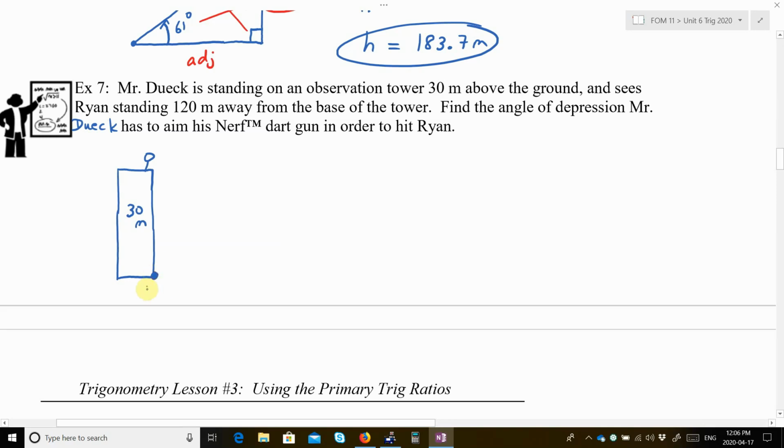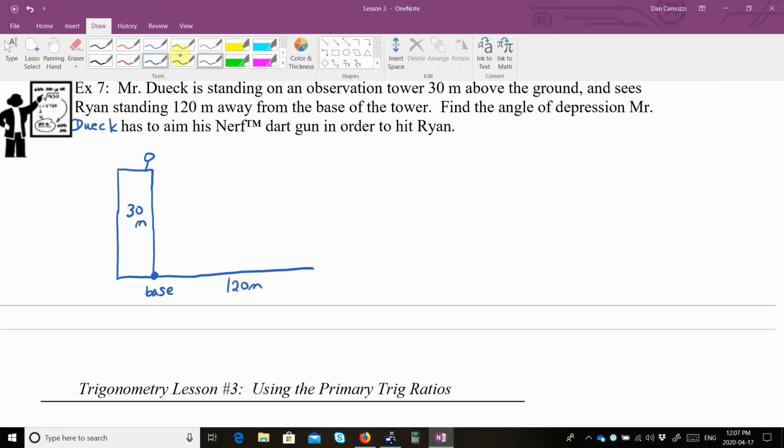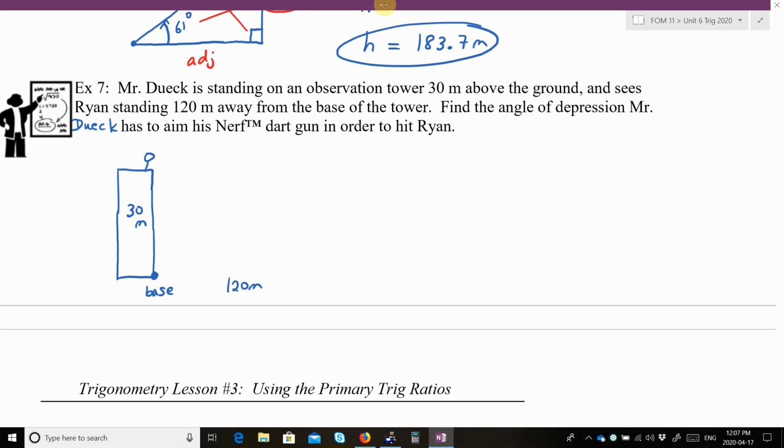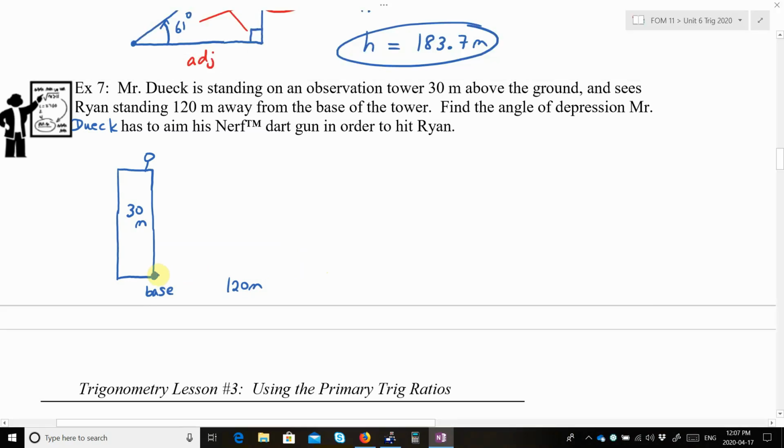So the base of the tower, of course, is like the bottom right here, and Ryan is 120 meters away. And I'm just going to fix this line. Okay, so Ryan is here. Find the angle of depression Mr. Dewick has to aim his Nerf gun in order to hit Ryan.